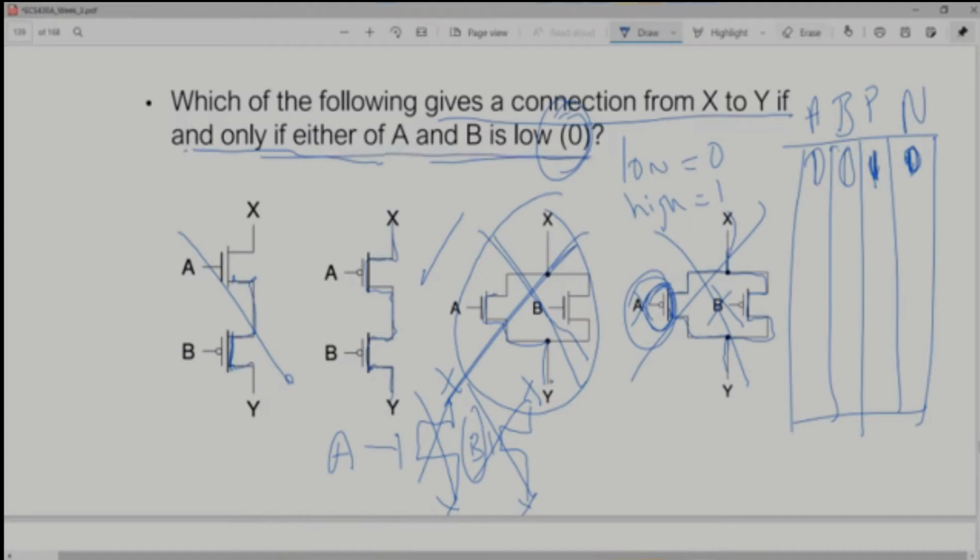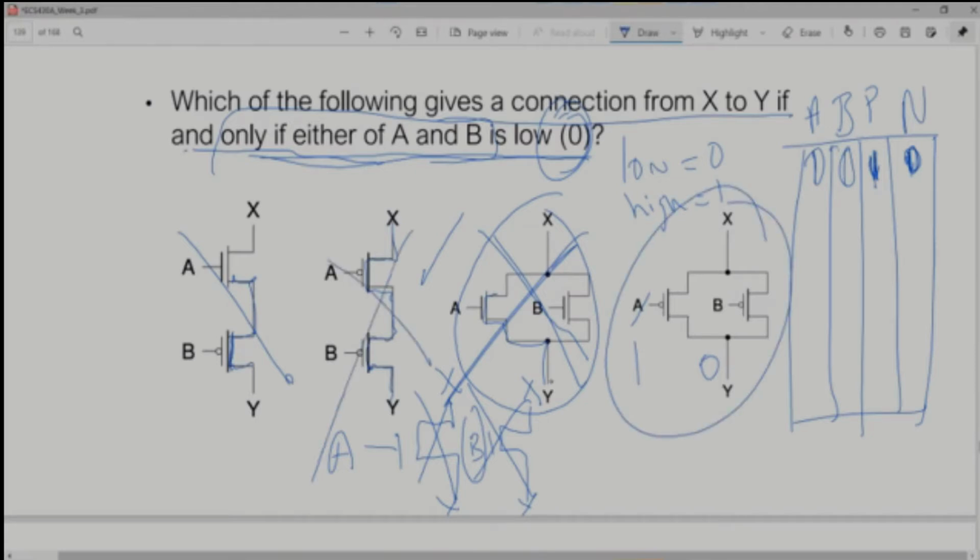So this one is going to be right, because only if either A and B is low. So one has to be positive and one has to be negative. Well, not negative, but 0. So 1 and 0. This works if it's 1 and 0. This one does not work because they both have to be 0.